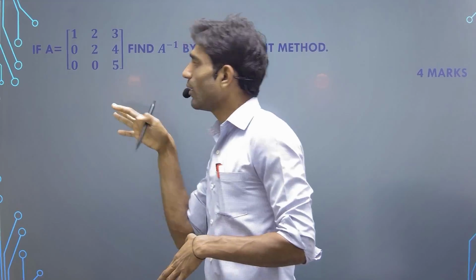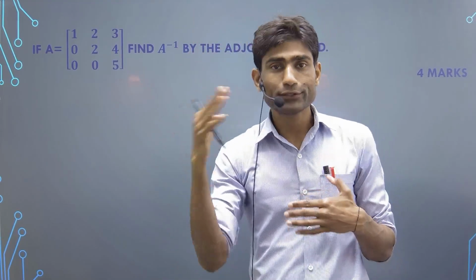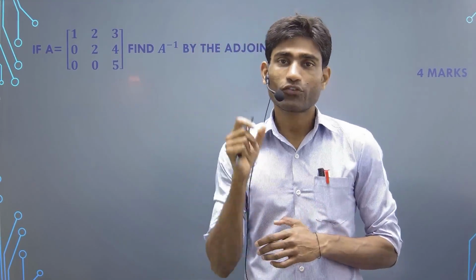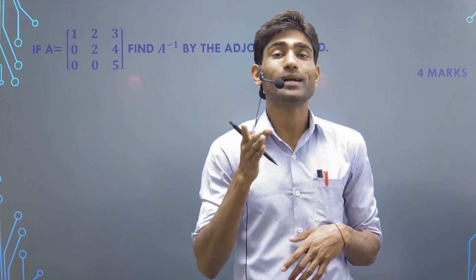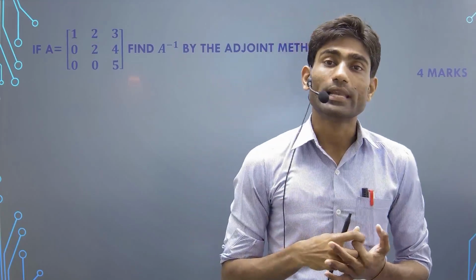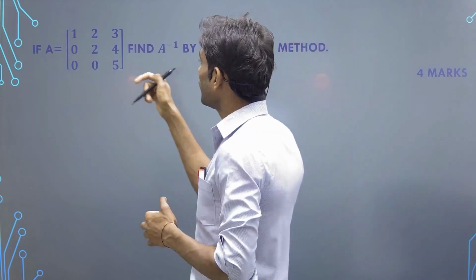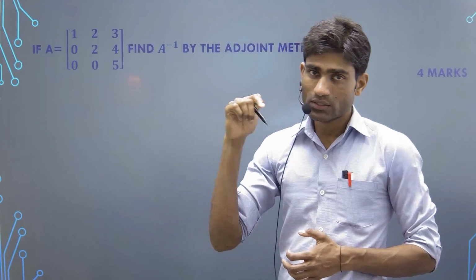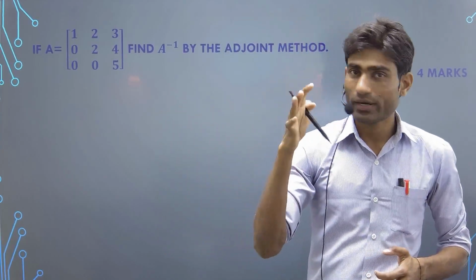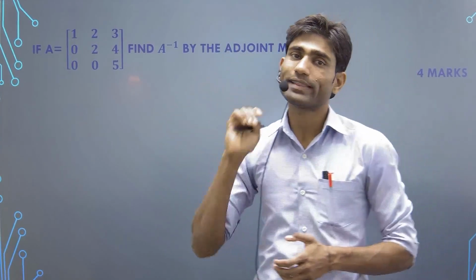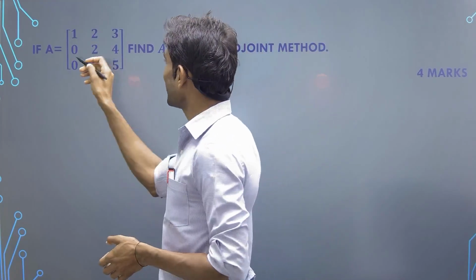Whenever we have an upper triangular matrix, it is easier to find its determinant. For finding the determinant, we only have to multiply the diagonal elements. First of all, we have to find the determinant of the matrix. Once it comes out non-zero, the matrix is invertible, and then we proceed to its inverse. So for the determinant of A, whether upper triangular, lower triangular or diagonal, we multiply the diagonal elements.